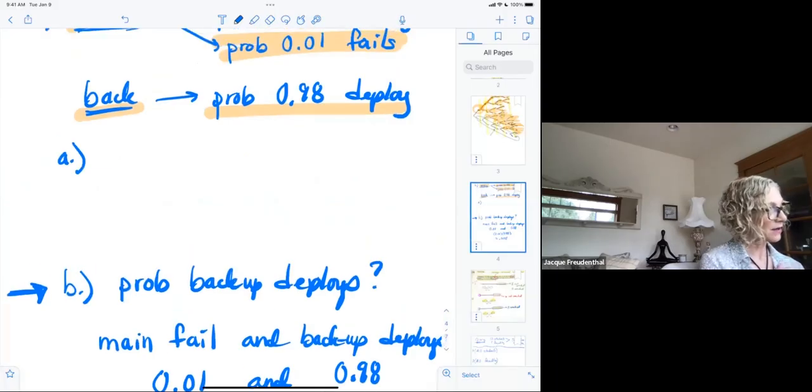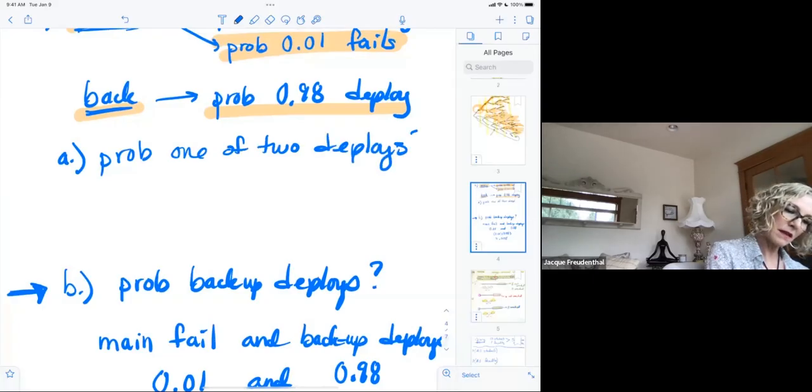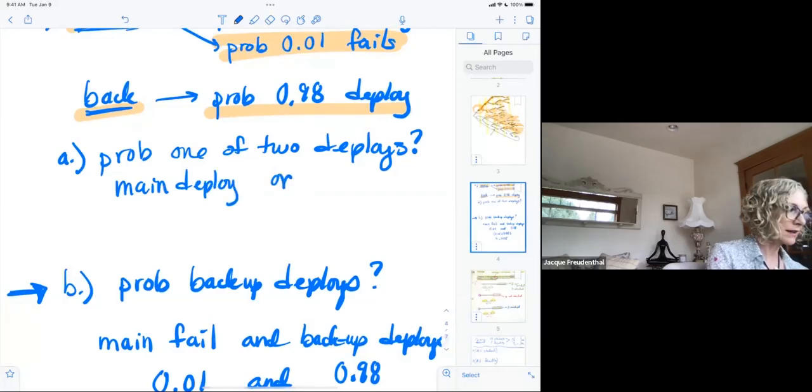Part A says, what is the probability that one of the two parachutes deploys? So that means the main has to deploy, or the main fails and the backup deploys.